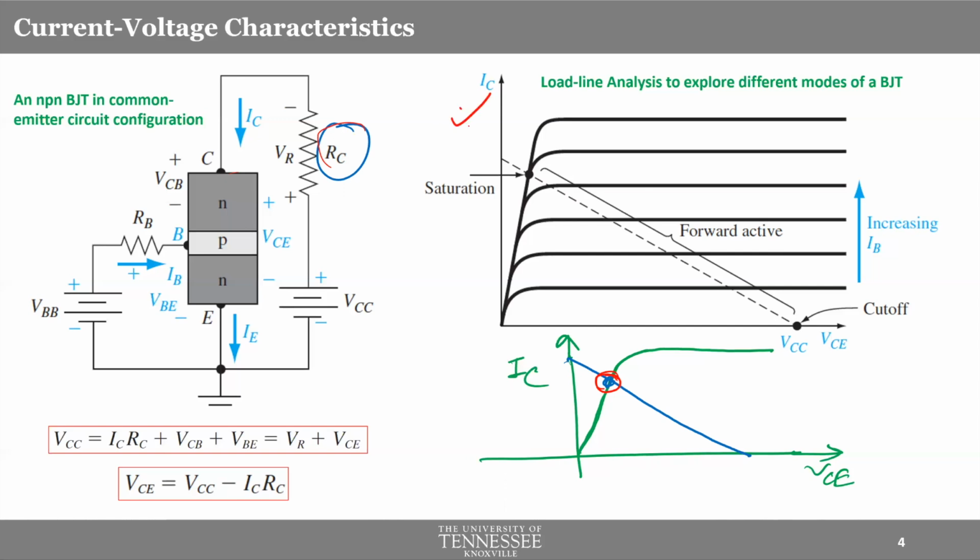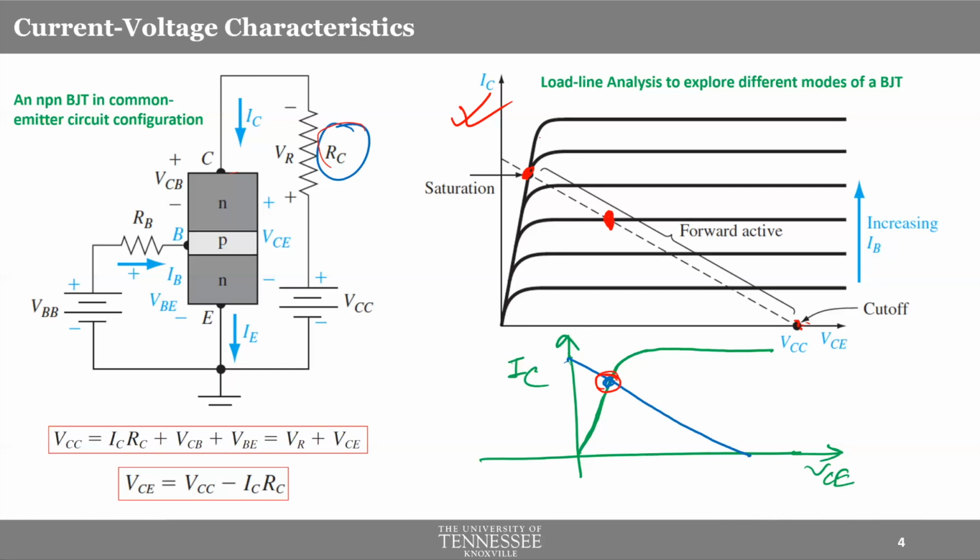See, in this particular figure, the point of intersection occurs where? In the saturation mode of a BJT, right? But for an amplifier type operation, it's better for us to make the BJT operate in forward active mode. That means we would love to have an intersection here, as you see, right?